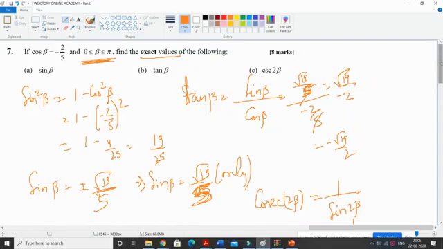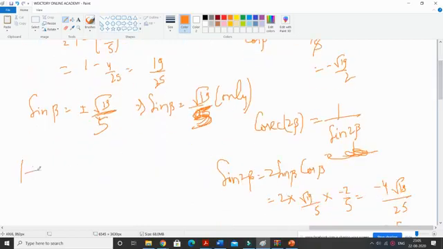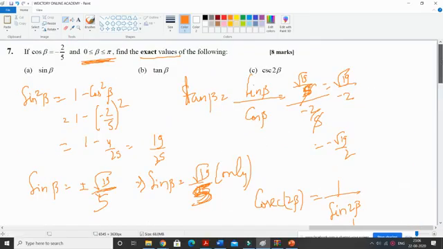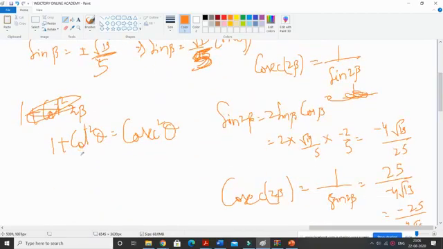There's another way to do this. Cosec squared 2 beta. We know that 1 plus cot square theta is equal to cosec square theta. So first to apply this formula, 1 plus cot square 2 theta is equal to cosec square 2 theta.